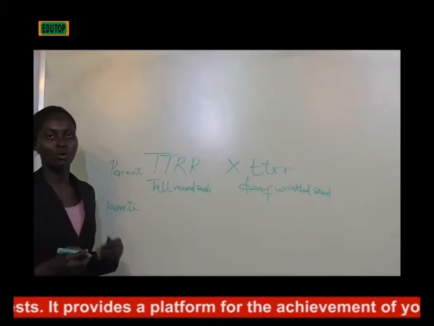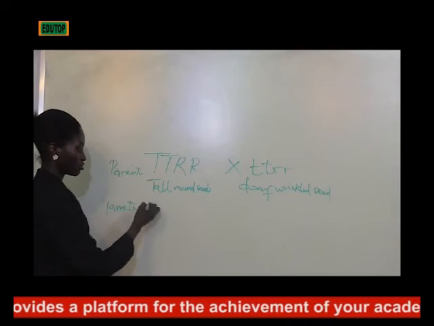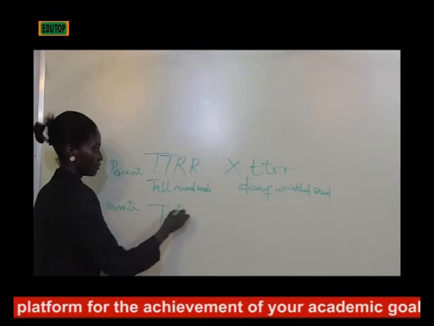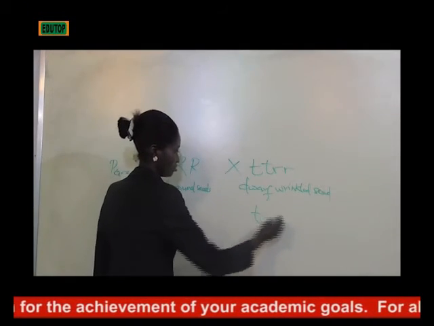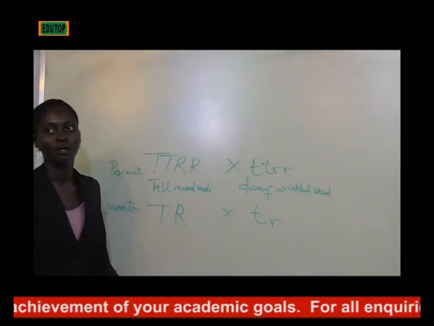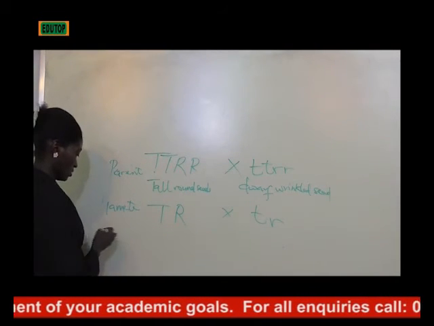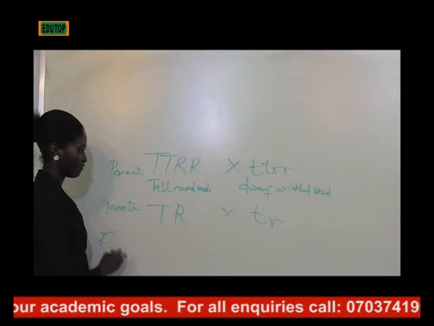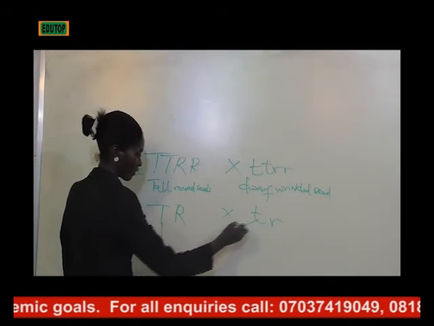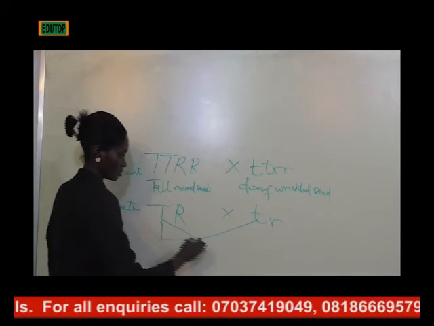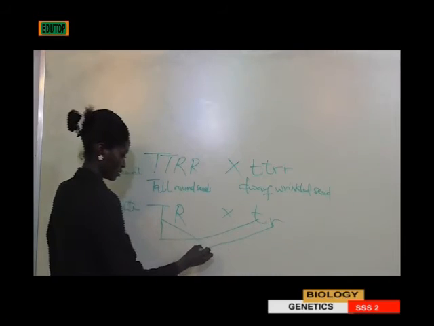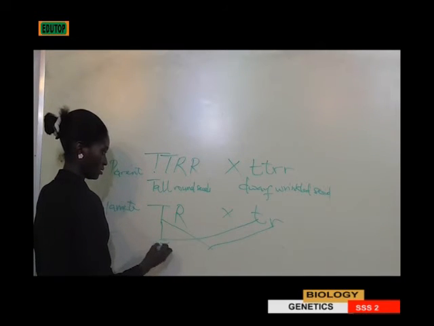Now, the gametes that will come from this will just be TR, then this will be tr, the short plant. Then for the first generation, F1, let's do it together. Then this one, this, so we have T, T.